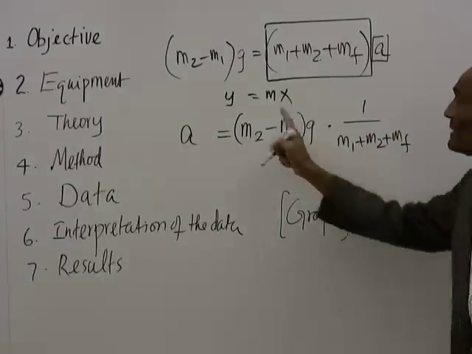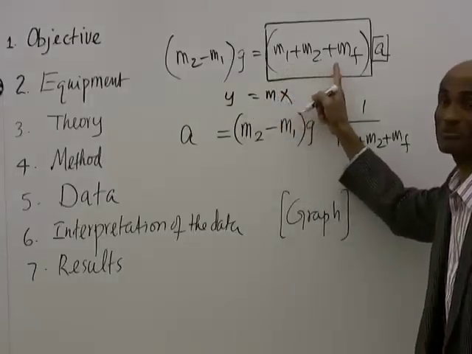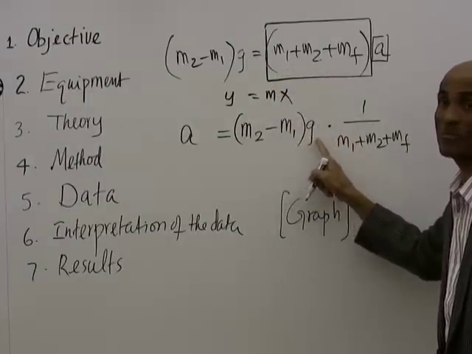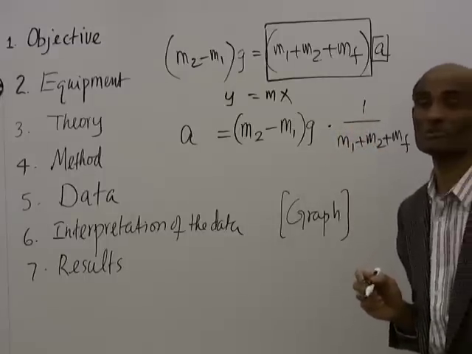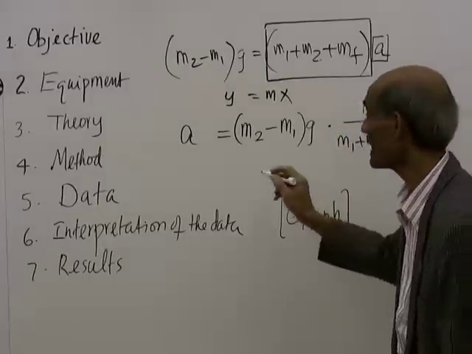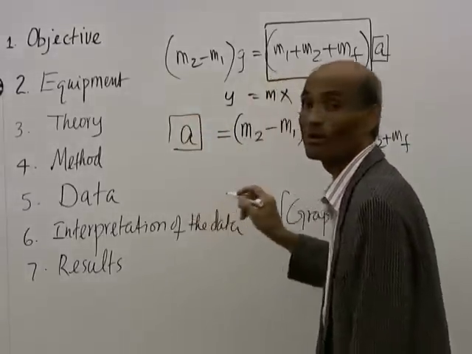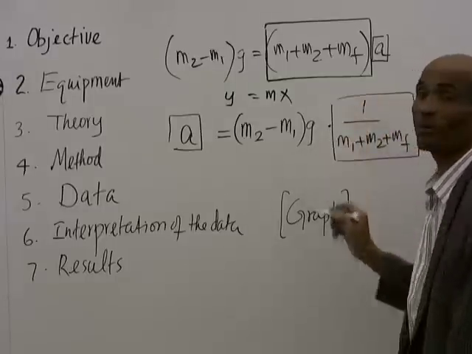Is that right? The quantity here divided by m1 plus m2 plus mf is written like this: (m2 minus m1) g times 1 over (m1 plus m2 plus mf). Why did I write like that? You got the dependent variable and this is the independent variable.